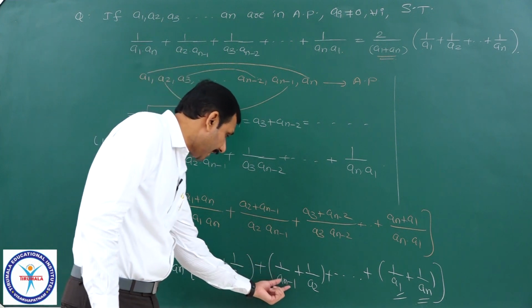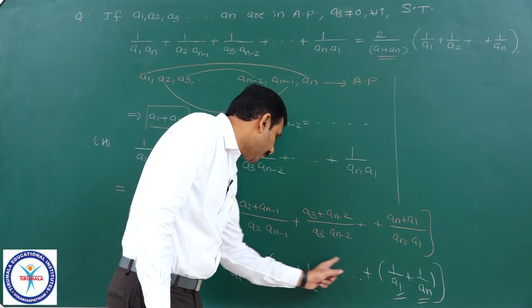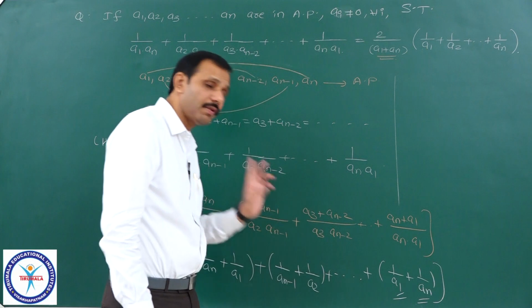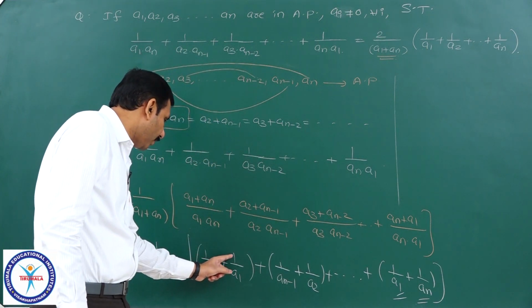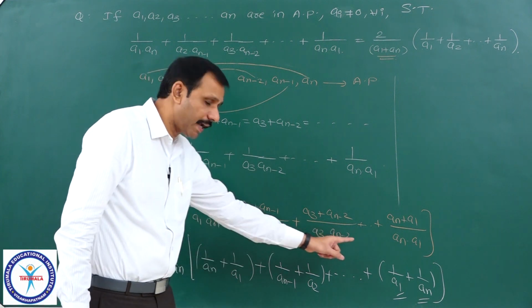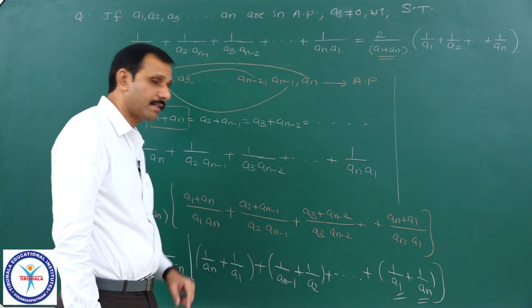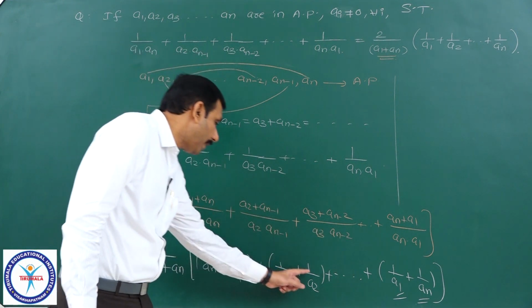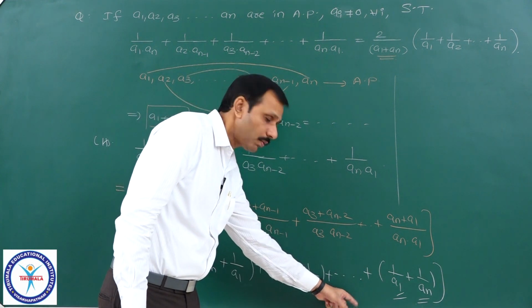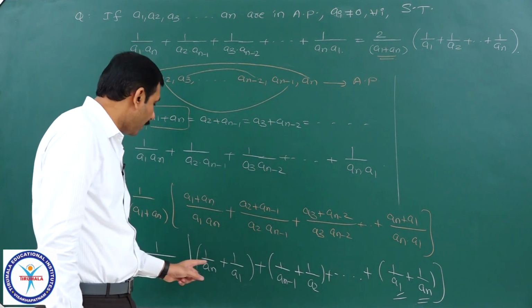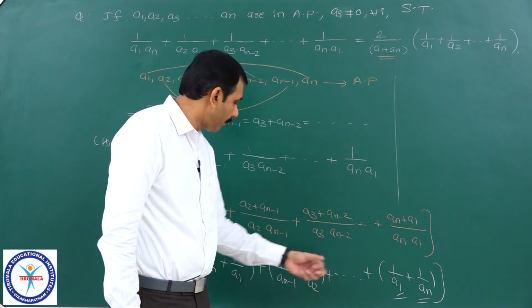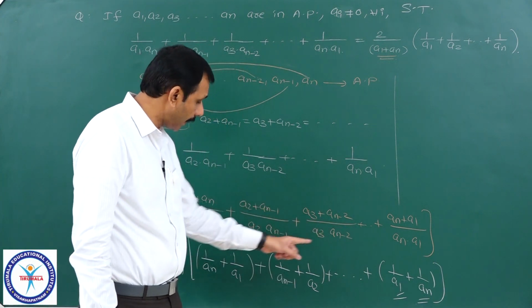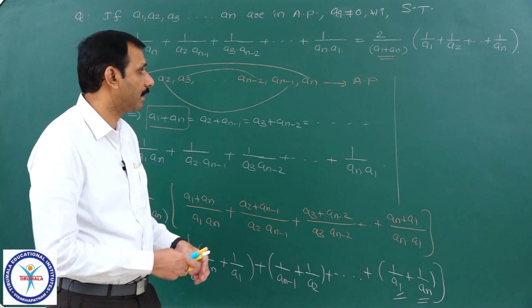Next, if you take this one, the bracket immediately before this bracket and this bracket will have the same terms only. That is, every term is there. This 1 by a1, again 1 by a1 is there, 2 times 1 by a1. 1 by a2, 1 by a2 will be there 2 times. And so on, 1 by an, there also 1 by an is there 2 times. Therefore, each term 2 times you will get in this expression.